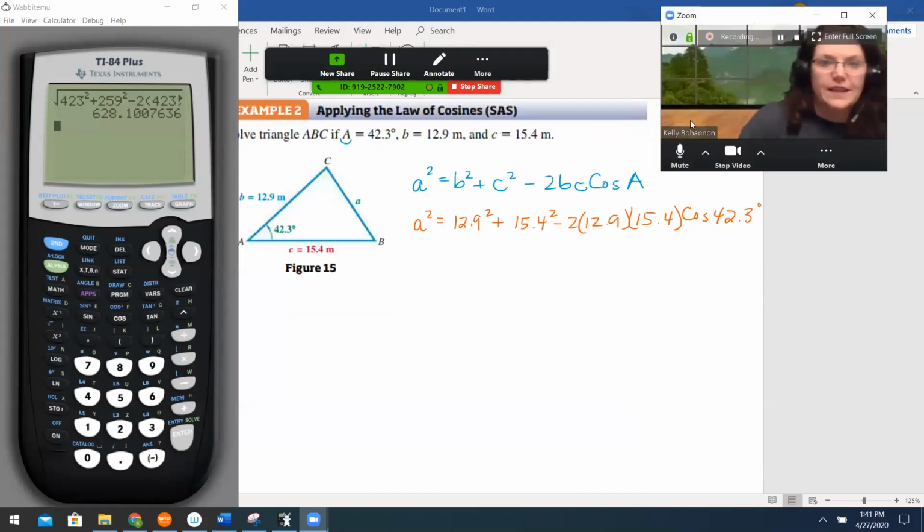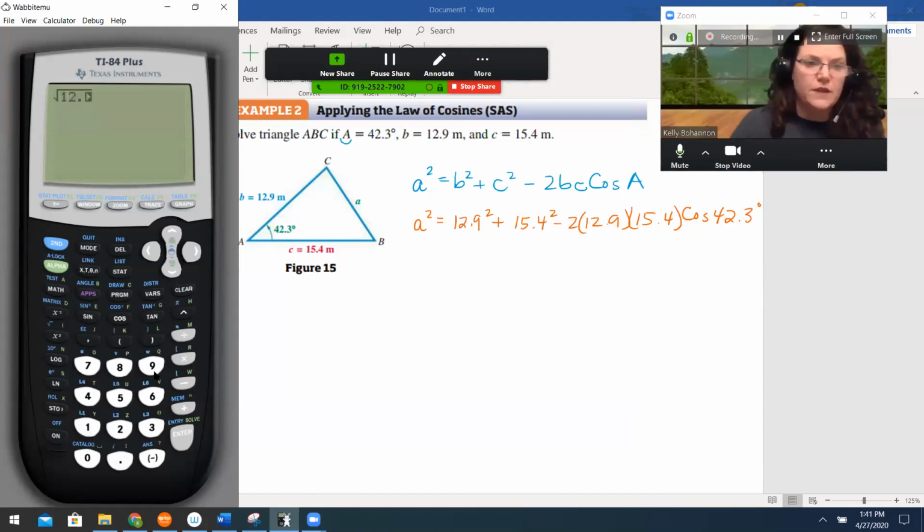Okay. So there's my square root symbol, and then I'm going to just plug all of it in. 12.9 squared plus 15.4 squared minus 2 times 12.9 times 15.4 cosine 42.3, and I get 10.47.